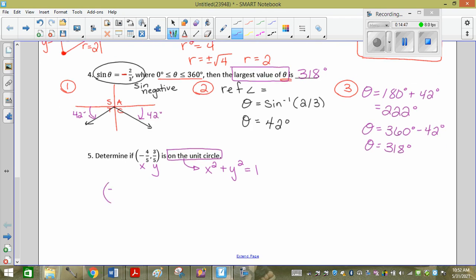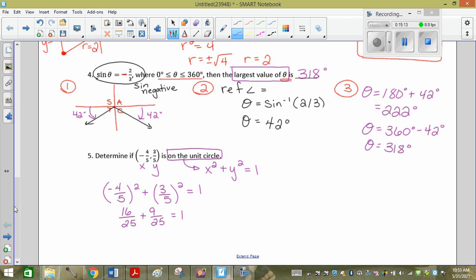So I'm going to get negative 4 over 5 squared plus 3 over 5 squared equals 1. So I get 16 over 25 plus 9 over 25 equals 1. And then 16 plus 9 is 25, all over 25, right?